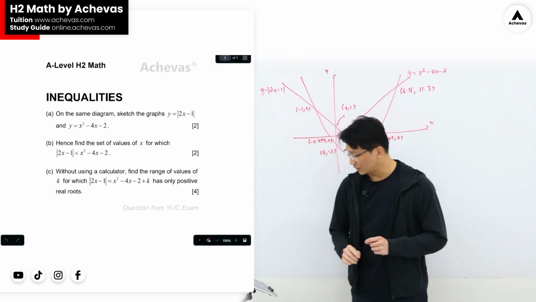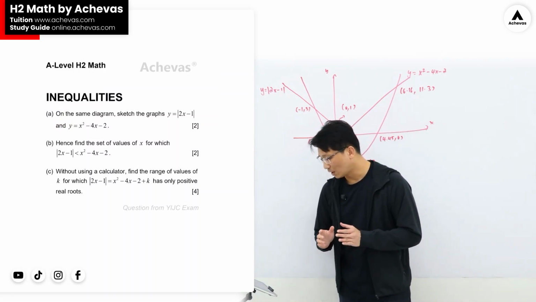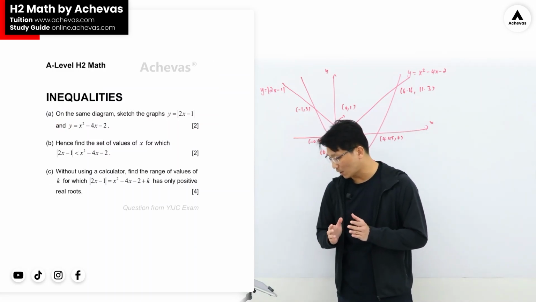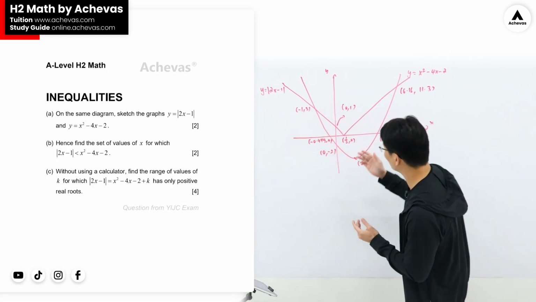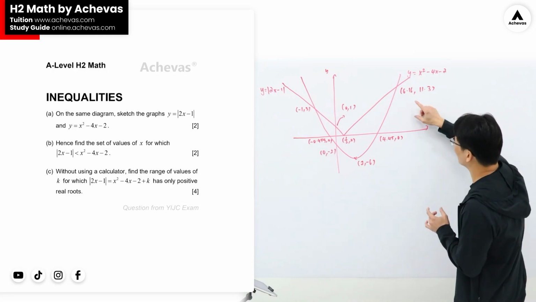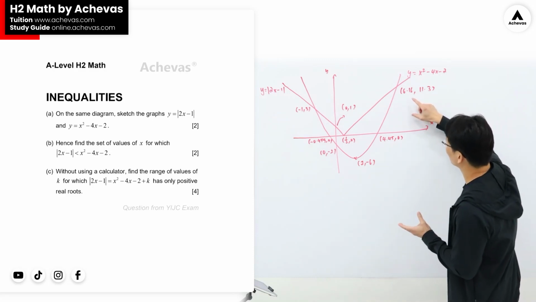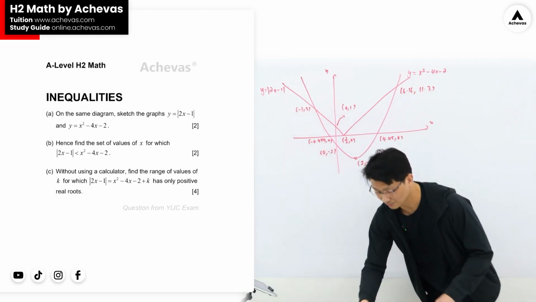And part B of this question says that, hence find the set of values of x for which the modulus of 2x minus 1 is lesser than x squared minus 4x minus 2. I want the line to be lesser than the graph, and I will know that the region which the question wants will just be this region here and this region here.